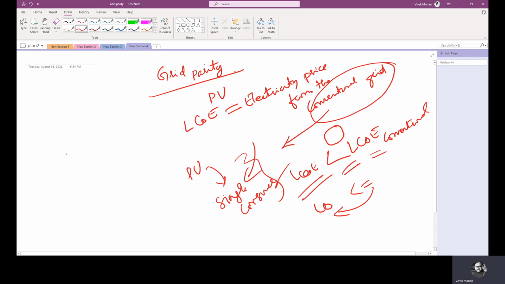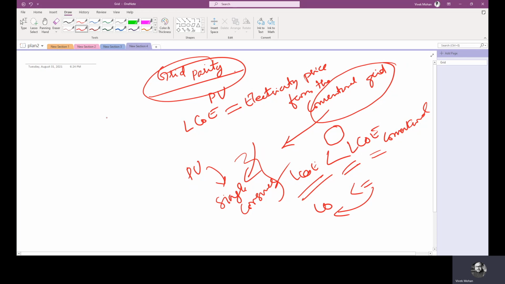As a consequence, the consumer offering PV electricity to the grid can give power at a lower price, because his price is arrived with reference to the LCOE. His price should be more than LCOE, right? And his LCOE is far less than the conventional grid price. So he can arrive at a better price, a competitive price. So that is what is grid parity.